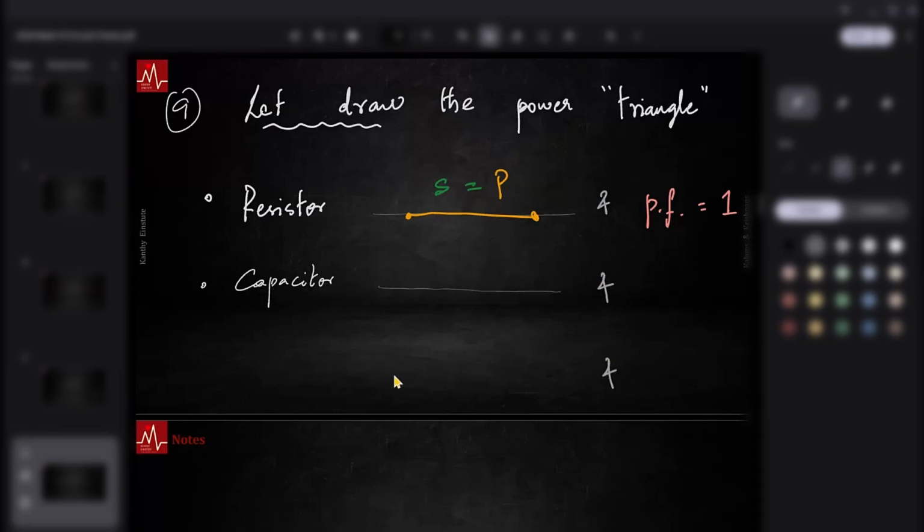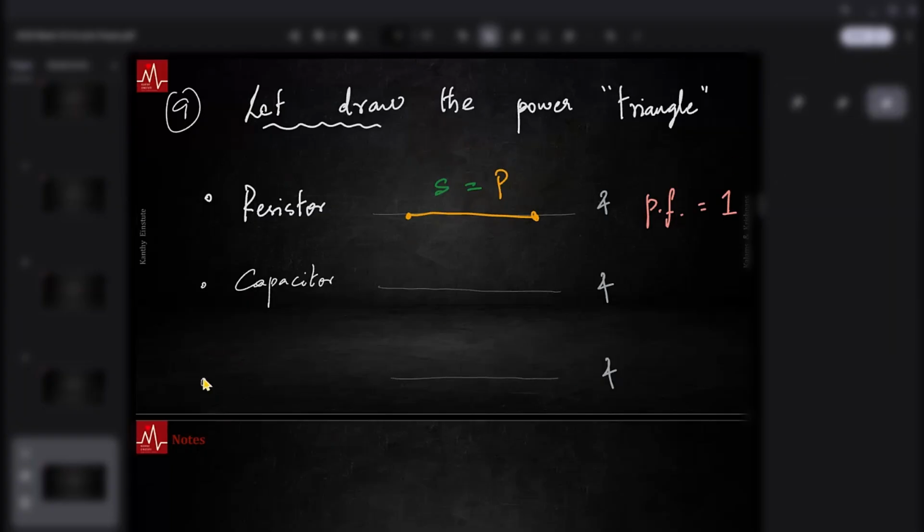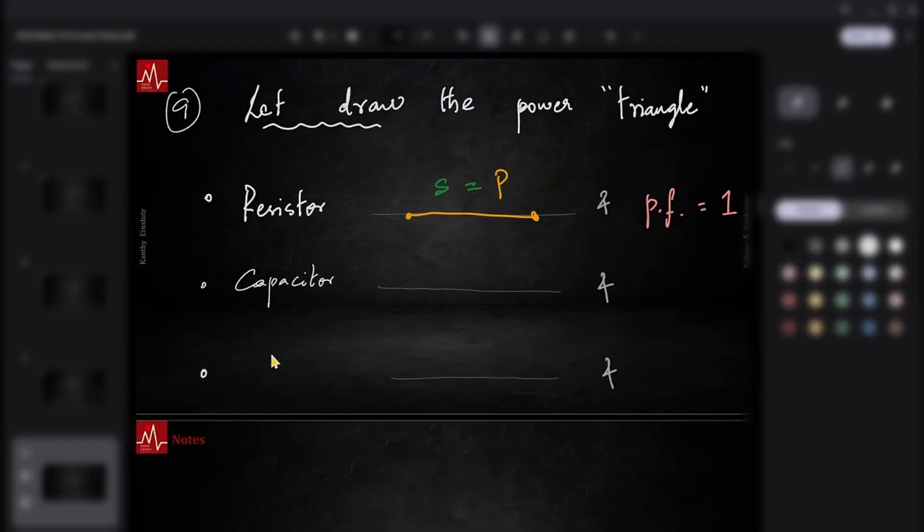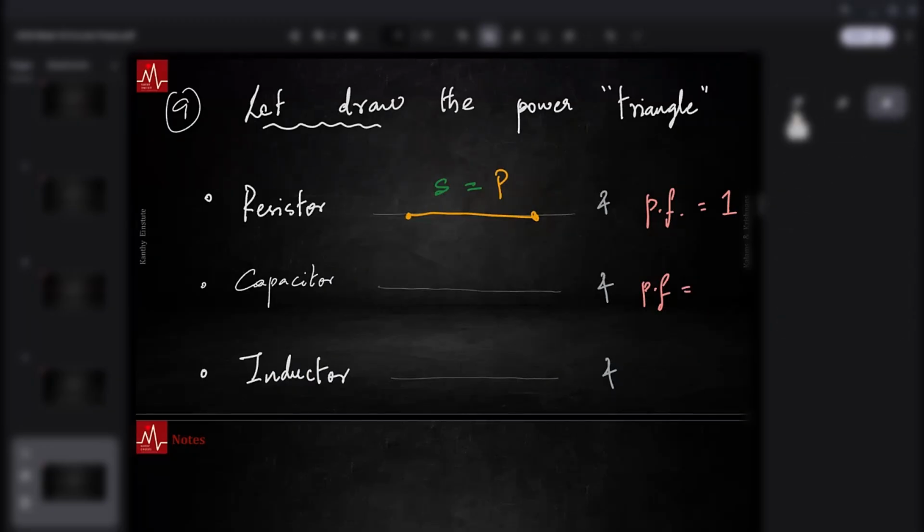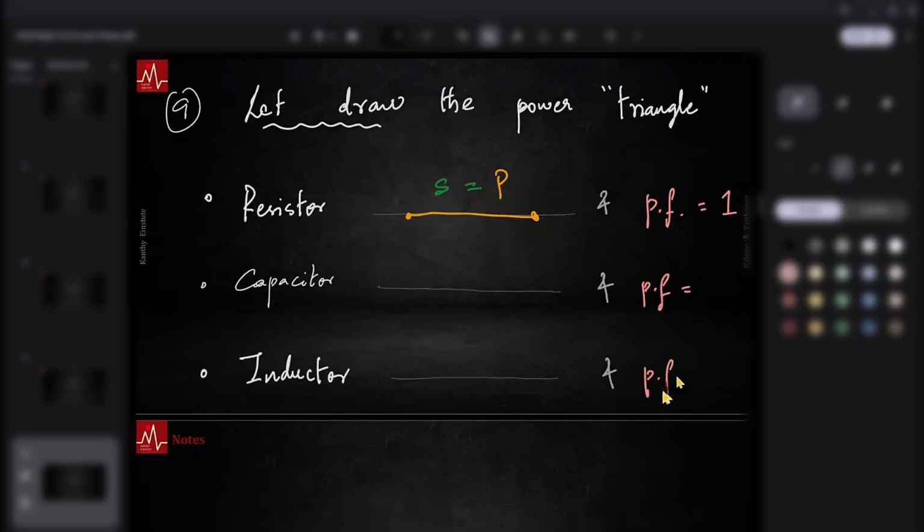So let's also do that for an inductor. First, capacitor. So while I'm waiting for an answer, I am now saving some time. Make this a table. Fine. Anyone?